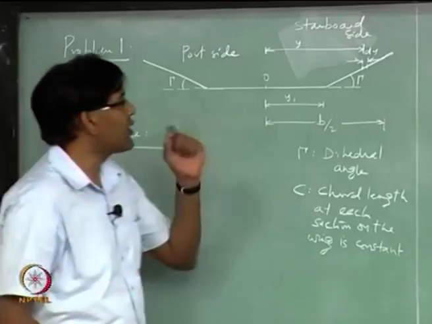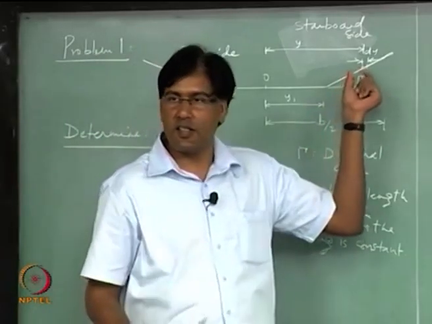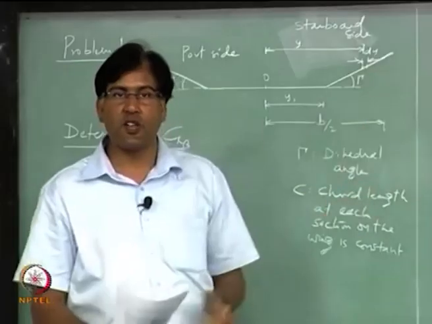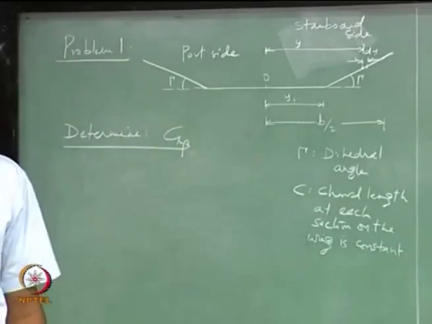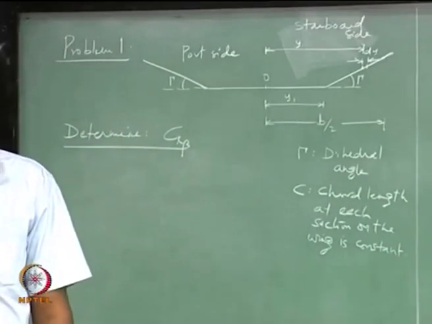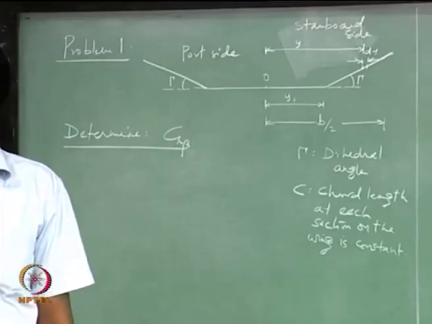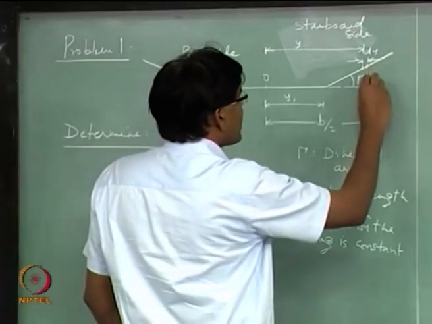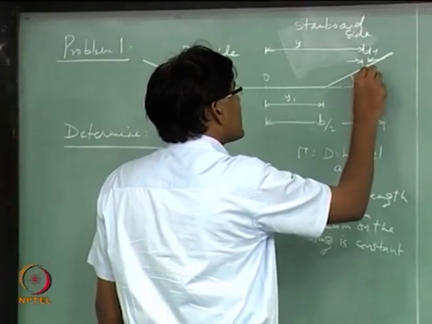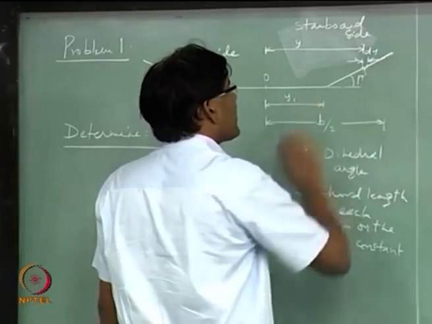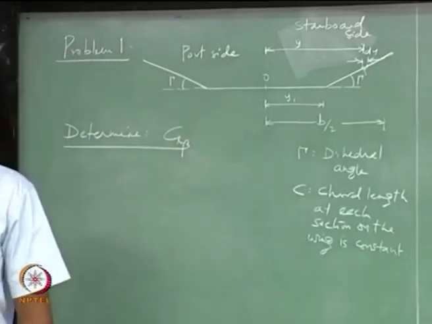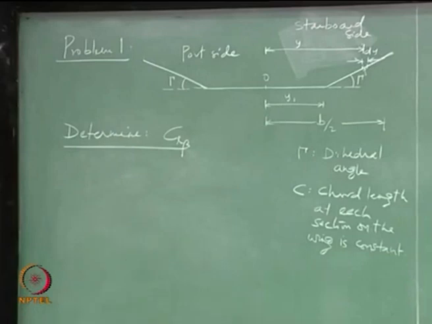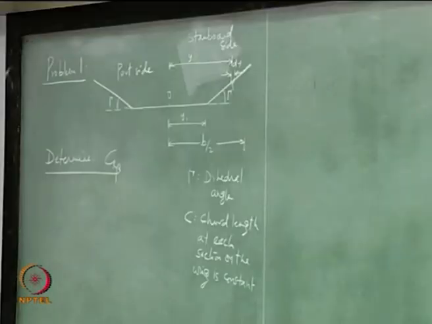Right. So, if you remember, we said that this section is going to see a wind which is upward, right, is not it. So, you have a wind component which is normal to this section, that is going to give us an increase in angle of attack at that particular section, right, and that delta alpha y.